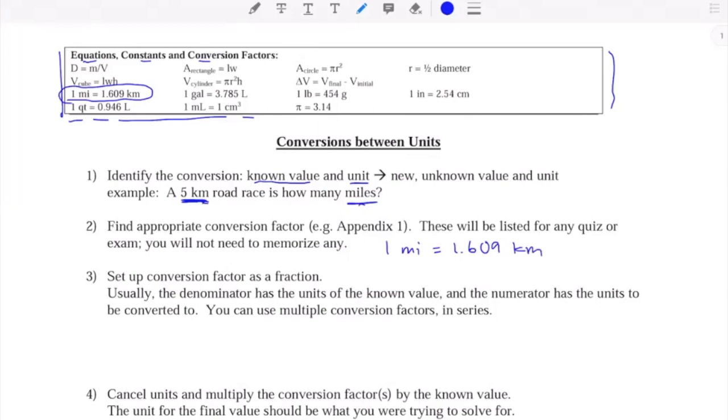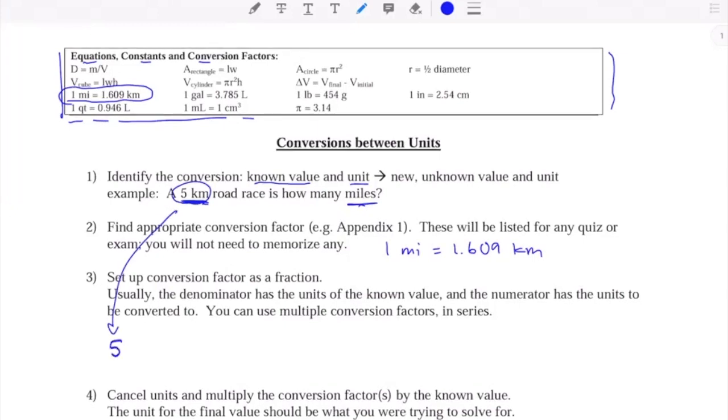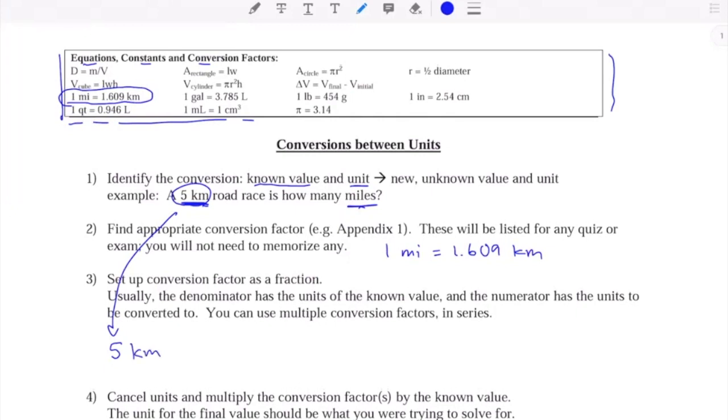So we want to use this equivalence to solve this 5 km by putting this into a fraction. We have to decide what's going to go in the bottom of this fraction. I'm going to put this 1.609 km in the bottom. That's that side of the conversion factor, and on the top is the other side of the conversion factor.